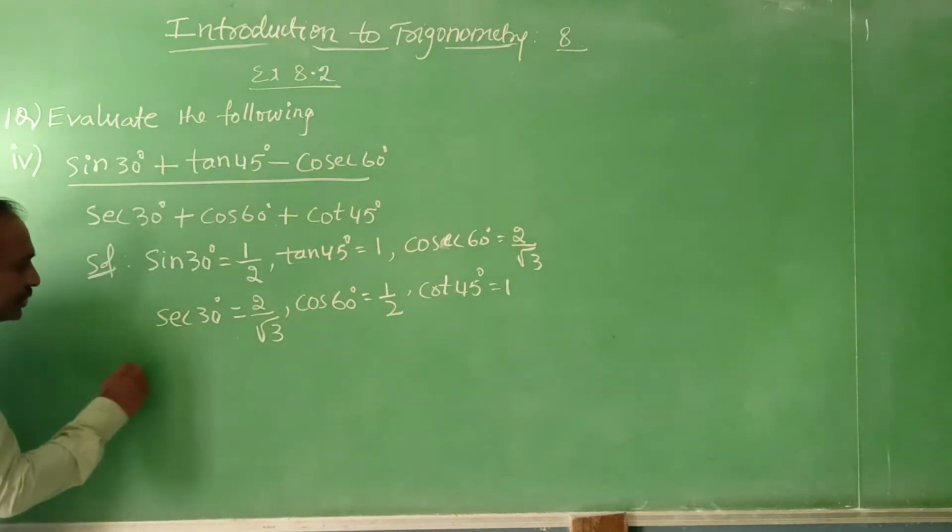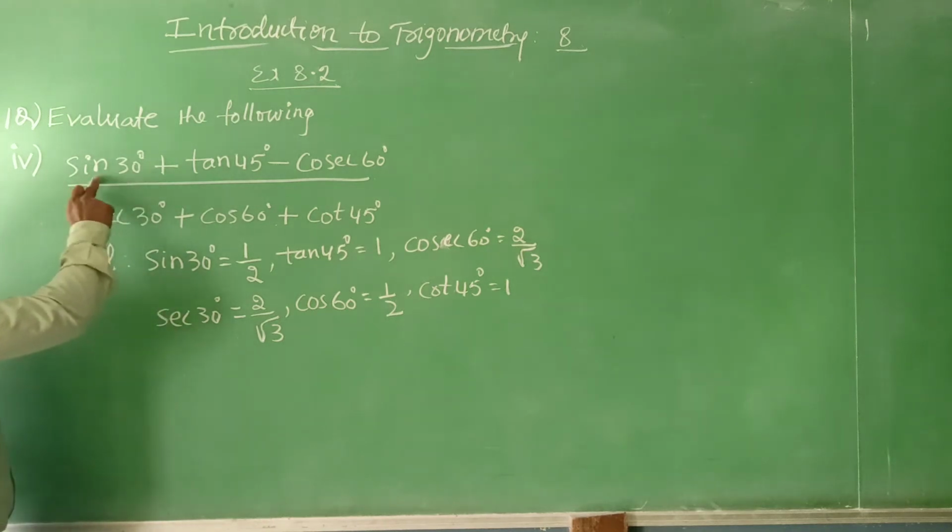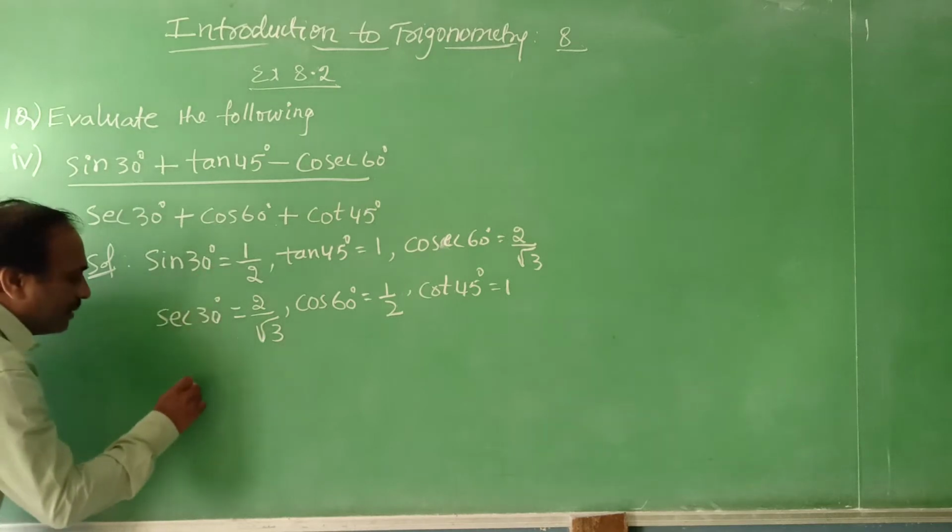So when we substitute, sin 30 degrees value is 1 by 2.